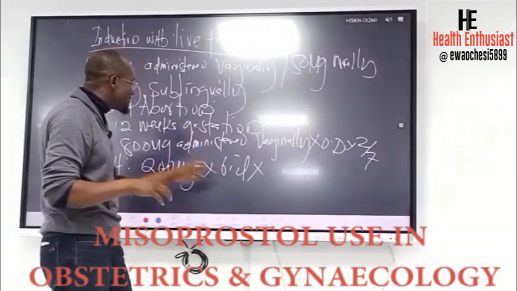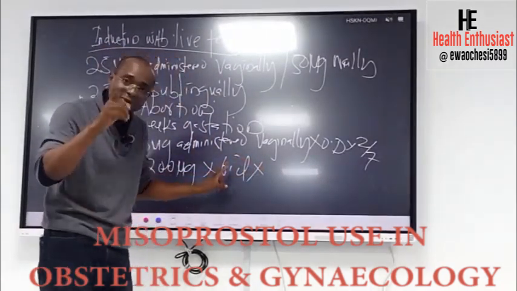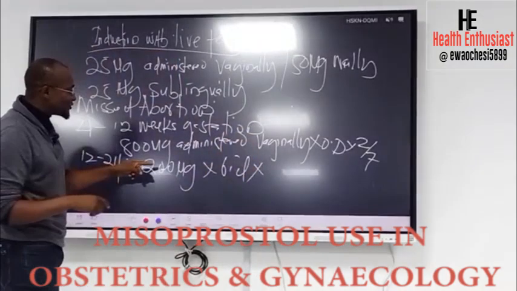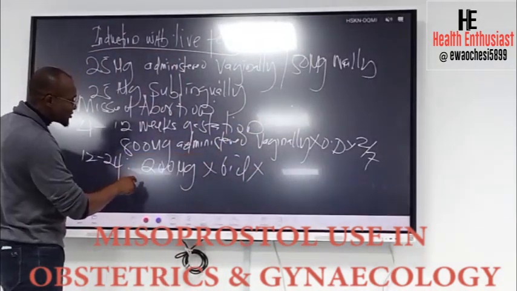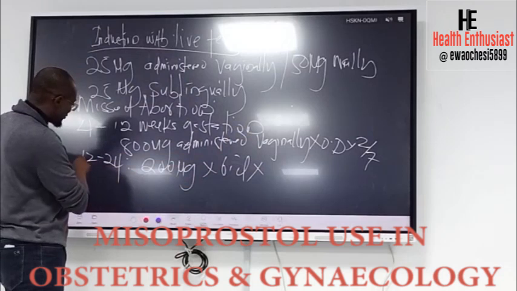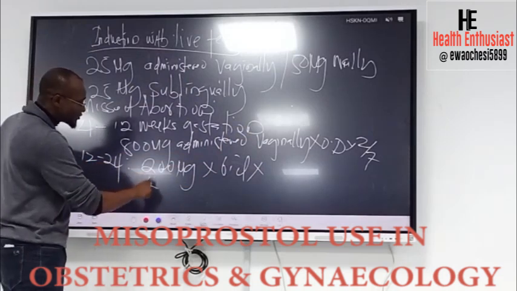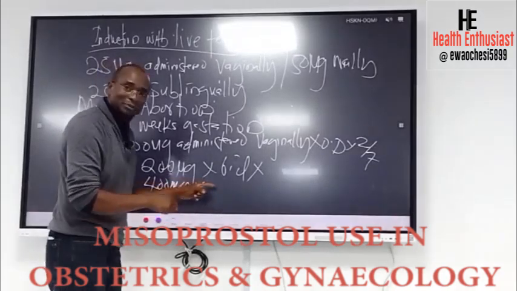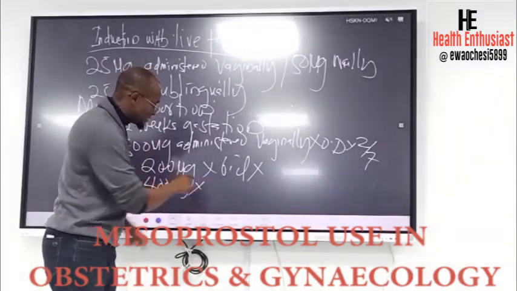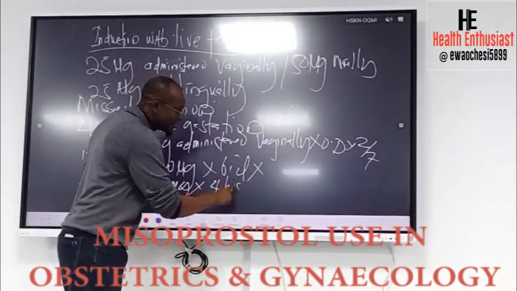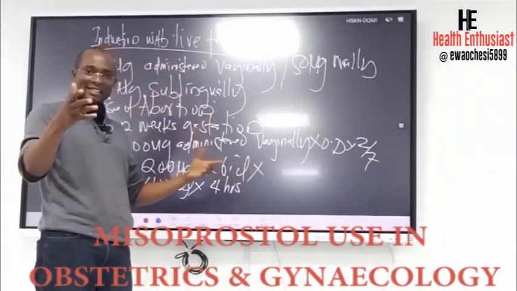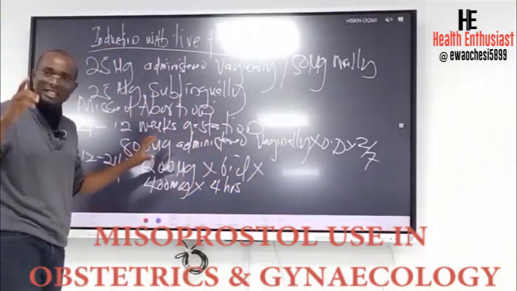Instead of this again, for 12 to 24 weeks, I can equally use 400 microgram. I use 400 microgram every 4 hours until there is an expulsion, right? Now, in missed abortion, this is allowed, I can comfortably give you this.